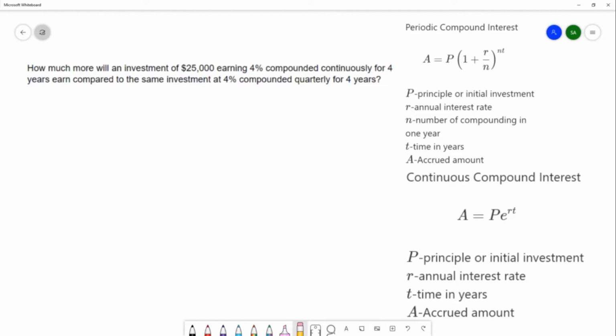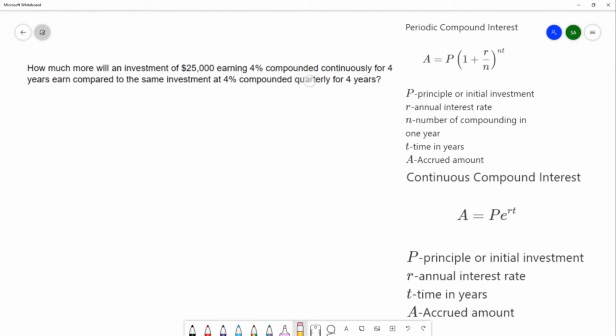In order to answer these questions, we need a couple of formulas, for periodic compound interest and continuous compound interest. Periodic compound interest is when you have regular intervals where interest is added into your account. That's what's described in the second account, where we're compounding 4% quarterly.